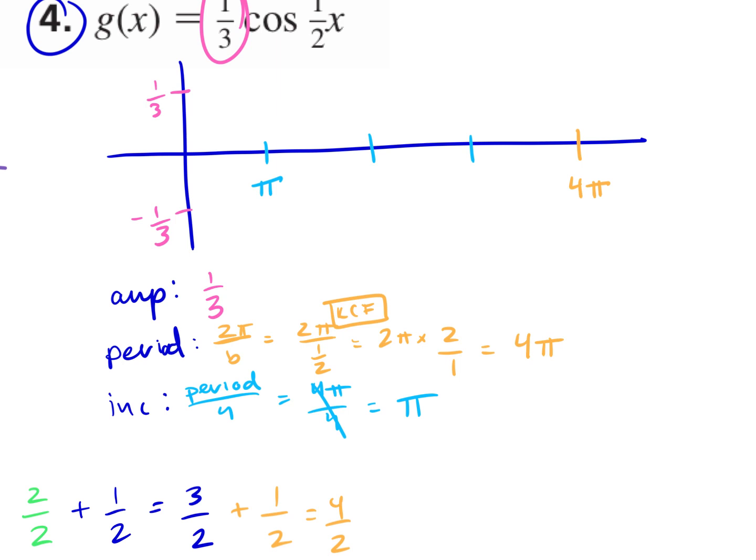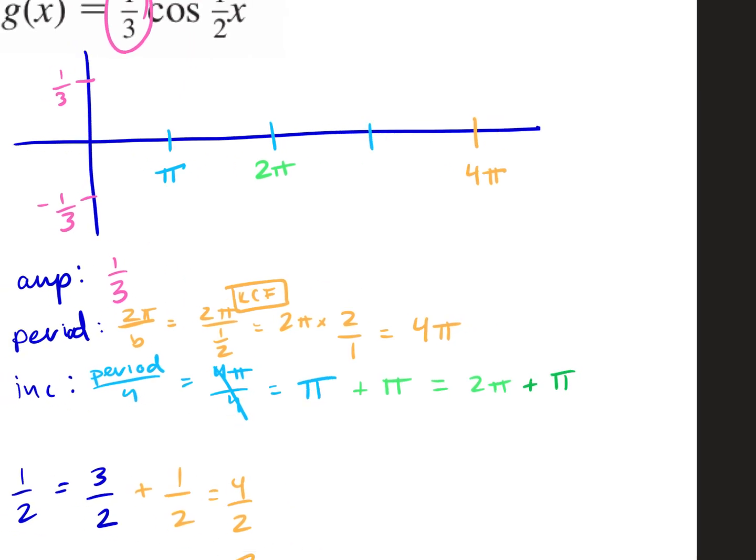We just keep adding the increment. I add another pi. So pi plus pi is 2 pi. How do I find the next one? Add pi. 2 pi plus pi? 3 pi. And then if we add another pi, we get 4 pi, which is the last one.